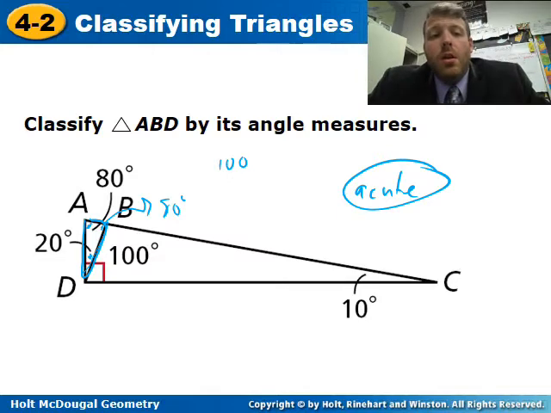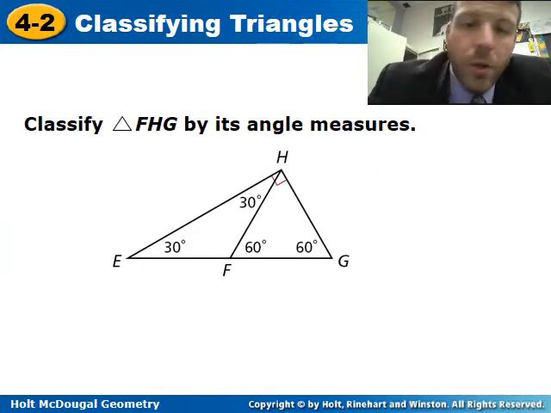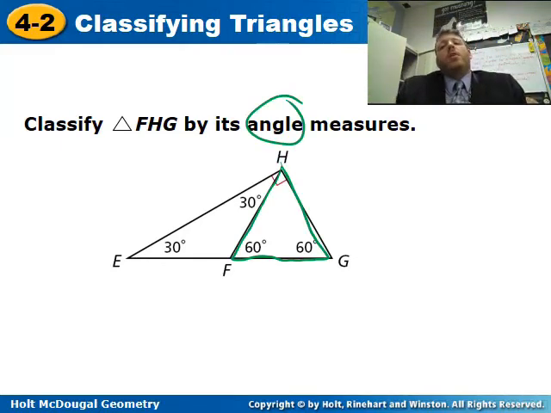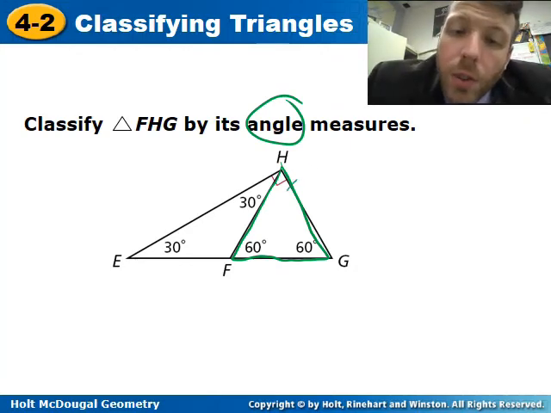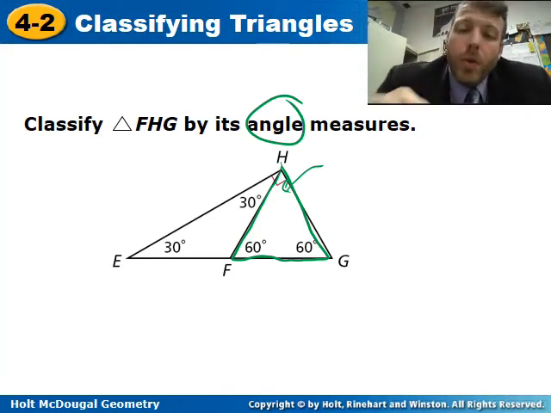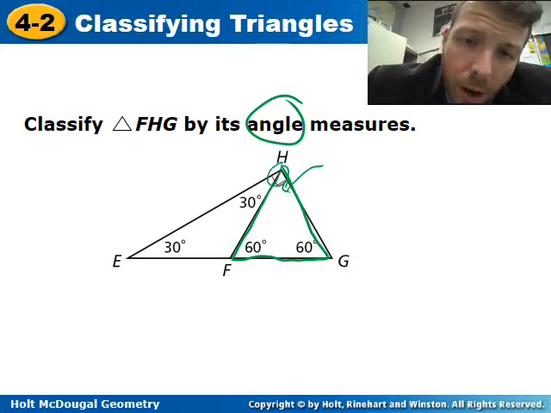Okay, last one that I want to do with you, we're going to classify triangle FHG by its angle measurements. So if you look at it, we have two 60s at the bottom. So we have to figure out what this one is. We cannot just assume that it looks like it might be 60, we have to make sure what it is, okay? So what we notice is we have a 90-degree angle right here.